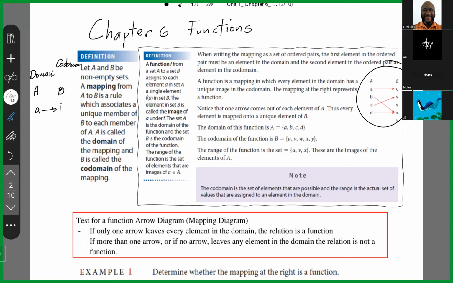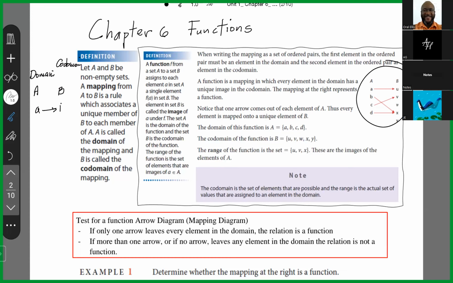This says a function f of a set A to a set B assigns to each element a in set A a single element f of a in set B. The elements in set B are called the image of a under f.